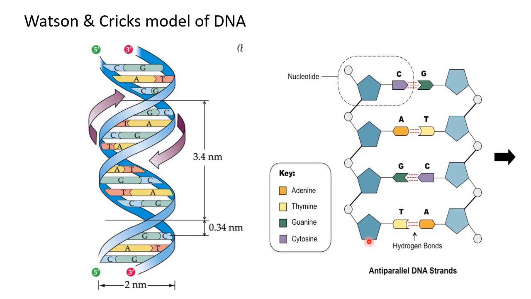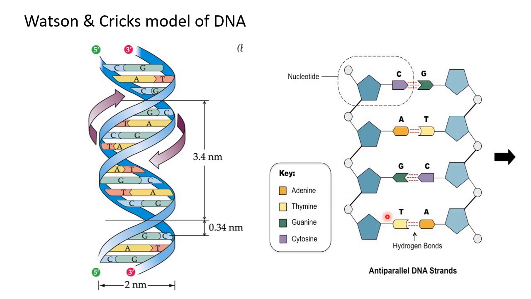C3 end means the strand ends with third carbon atom with free hydroxyl group, and C5 end means the strand ends on the fifth carbon atom with free phosphate group. So hence each strand shows two ends, that is C5 and C3 end.